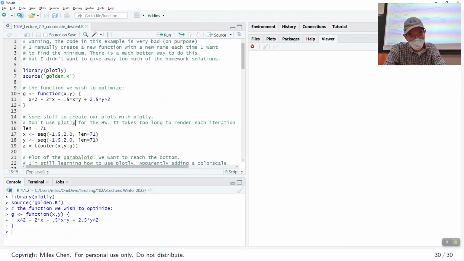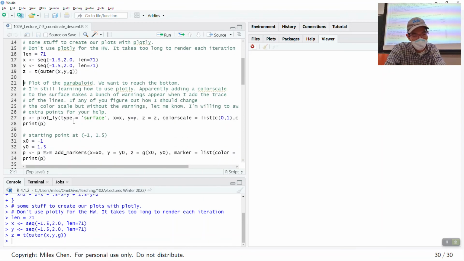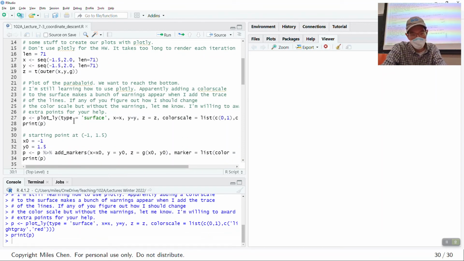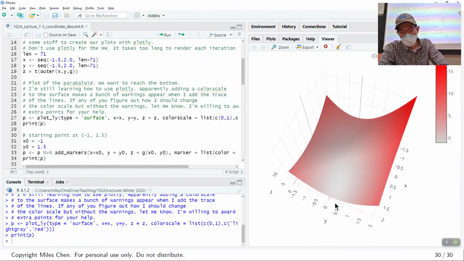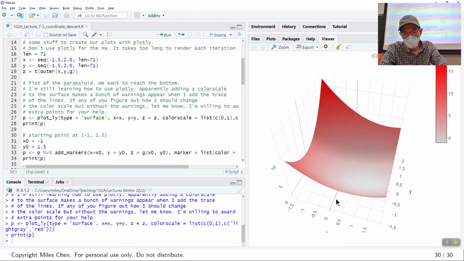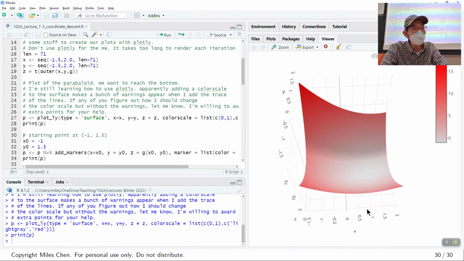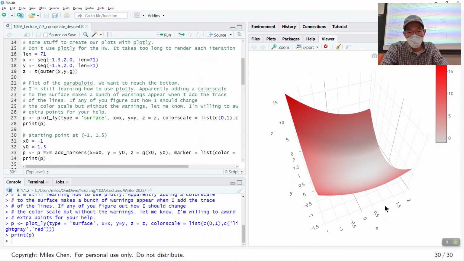Okay, so anyway, I can plot this, and to do this I will use Plotly, and I will create this plot here. And on Plotly, this is what it looks like. Plotly is this cool thing. Don't use it for your homework. You can use this code and play around with it.